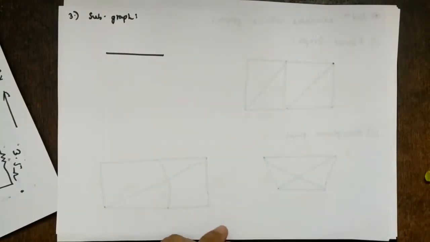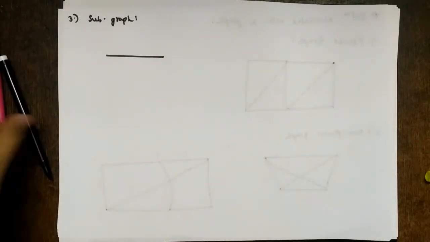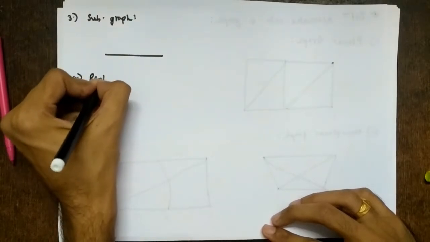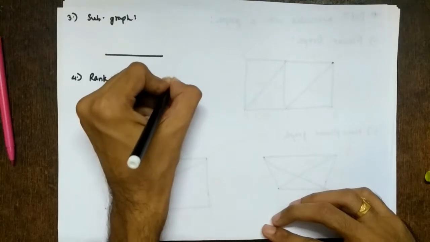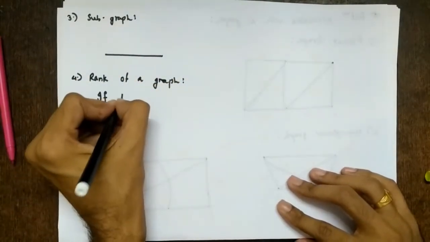So next, let's see. Next we define rank of a graph. So what is rank of a graph? Simple.